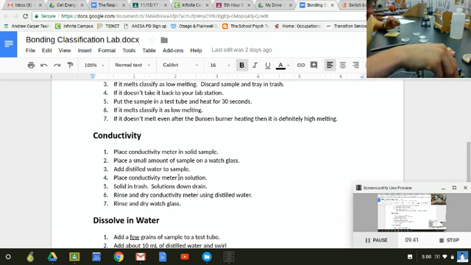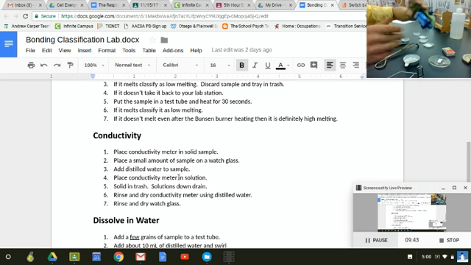And then you are going to take your conductivity meter and you're going to stick it in the water. And if the light turns red, that means that it's conductive. I don't know if you can see that or not. So this is conducting electricity. So I would write down for that one that it conducted electricity.